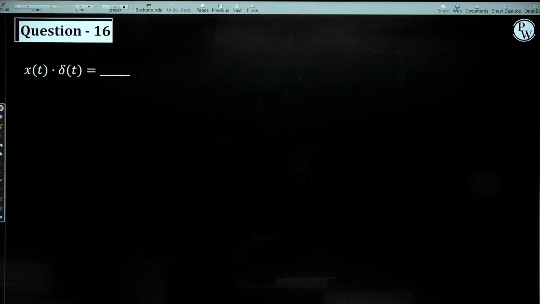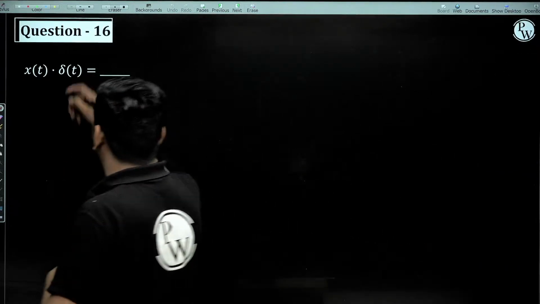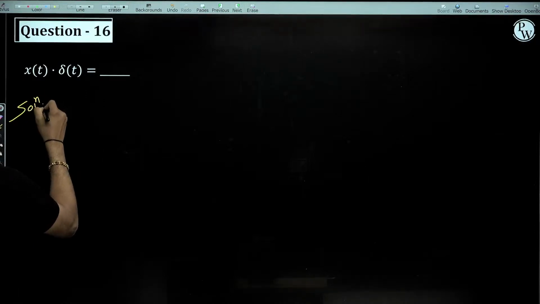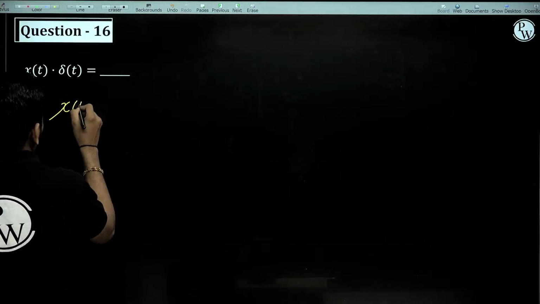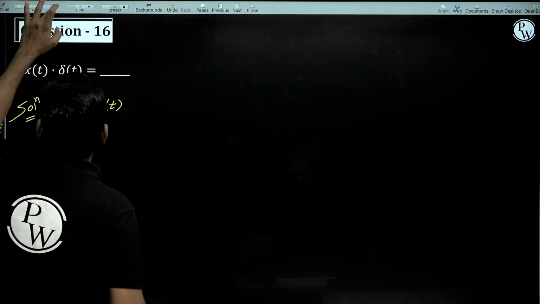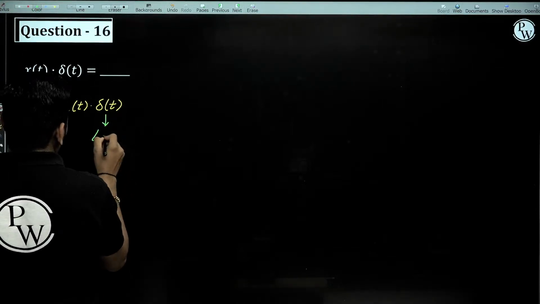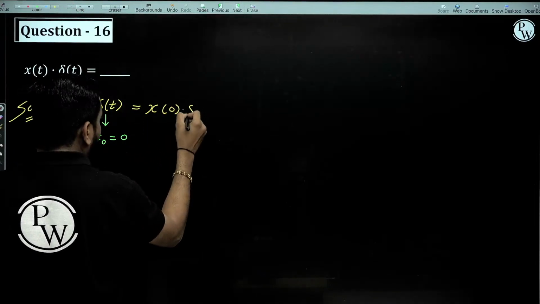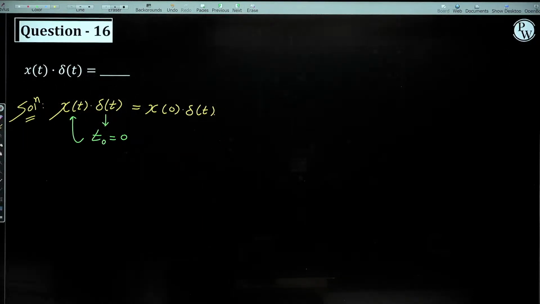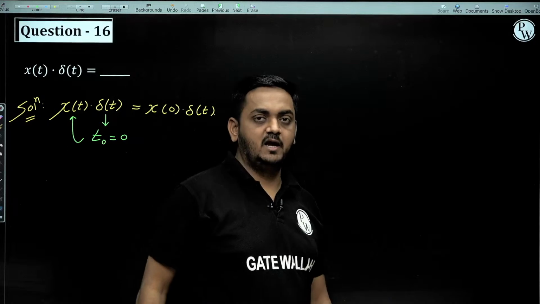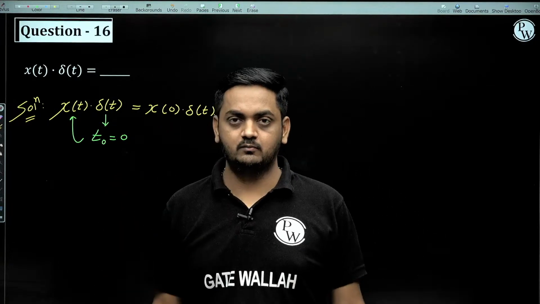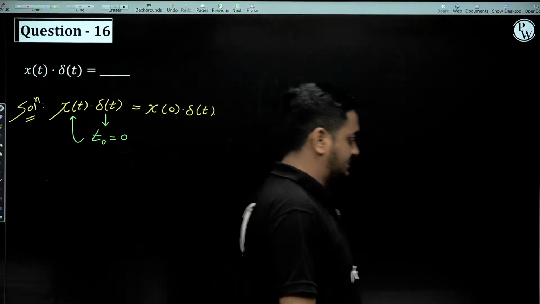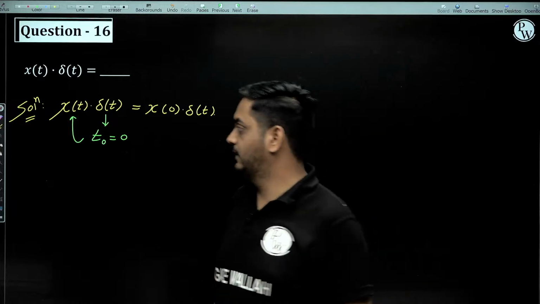Here t naught equals 0, so the answer is x of 0 into del t, correct? Remember this, we have already seen it in the result of the product property. And if you integrate both sides with respect to t, the answer will be x of 0. So the answer is x of 0 into del t, guys, fine.